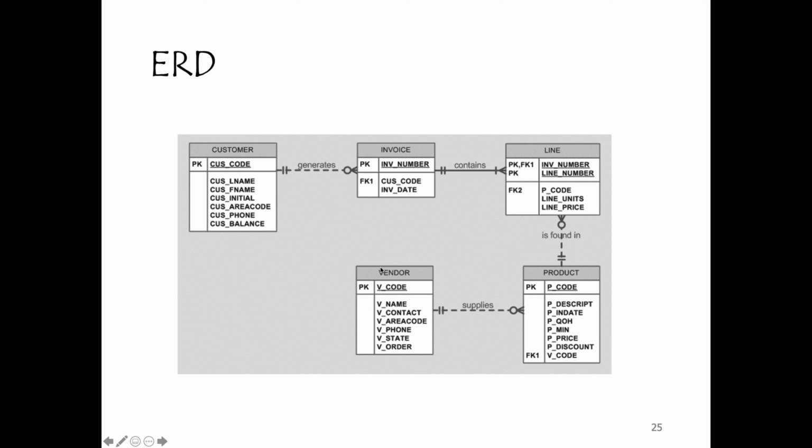Vendor is just a parent, customer is also a parent, and there is no foreign key, right? So either of these two tables can be created without any other tables. However, for the product table, what do you have to create first? The vendor table first. So we are going to create the customer table first before we create the invoice table. Okay, so let's move on.